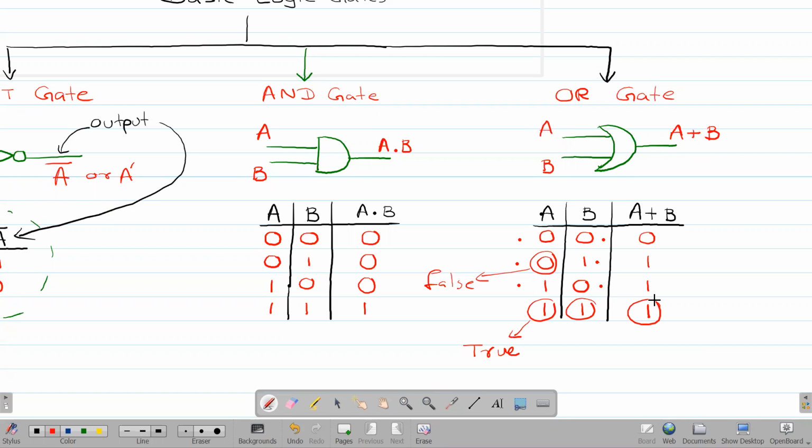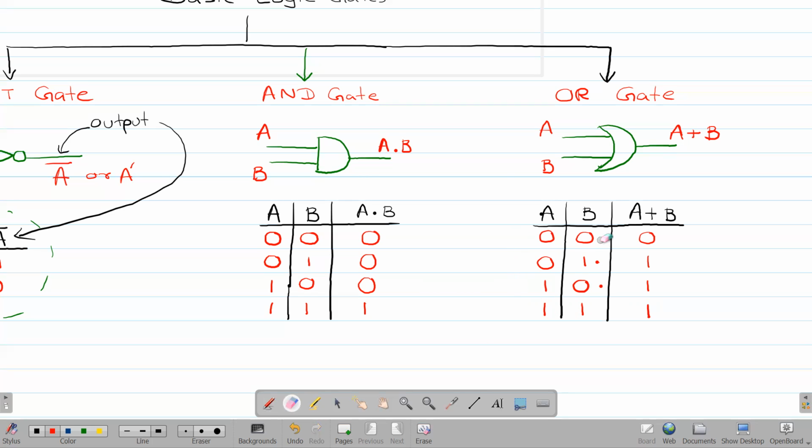So that is why 1 plus 1 is given as 1. Right? So that is the way that the OR gate is going to work. People, is that clear? Yes, sir.